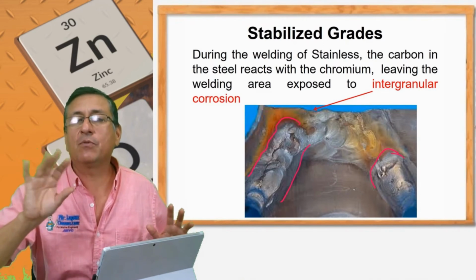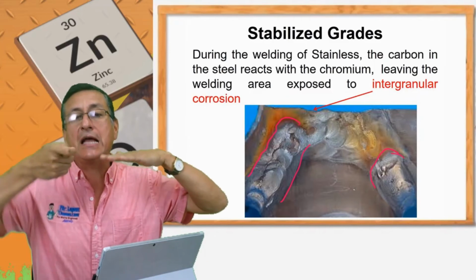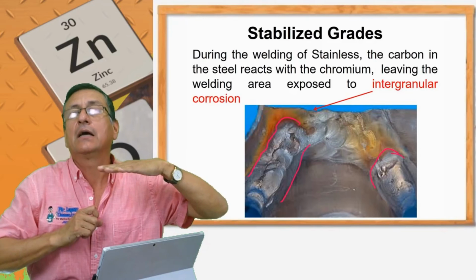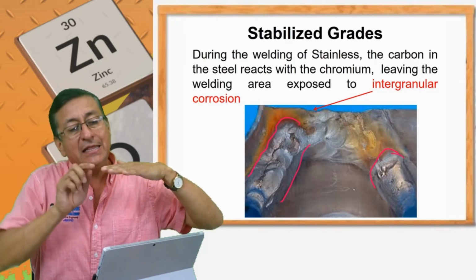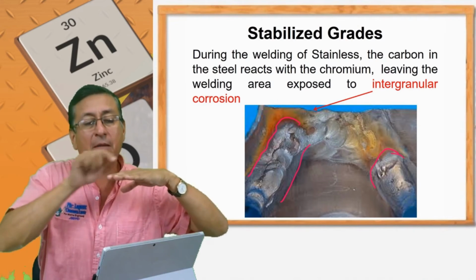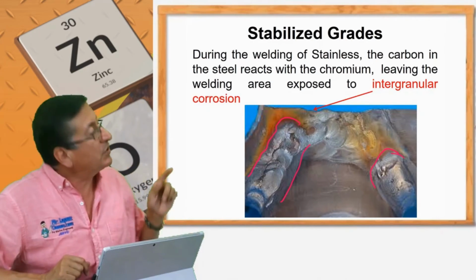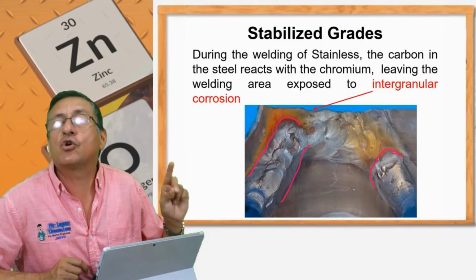Let me explain quickly the meaning of intergranular corrosion. I have two pieces of steel and I weld that area. I weld with a proper material, with a proper steel. But in the neighbor area, in between the welding area and the original material, oxidation is produced. This is intergranular corrosion.